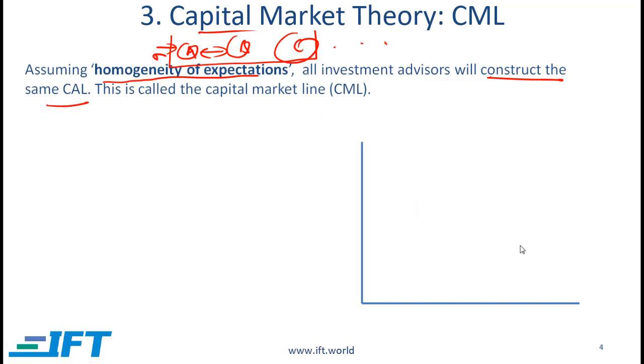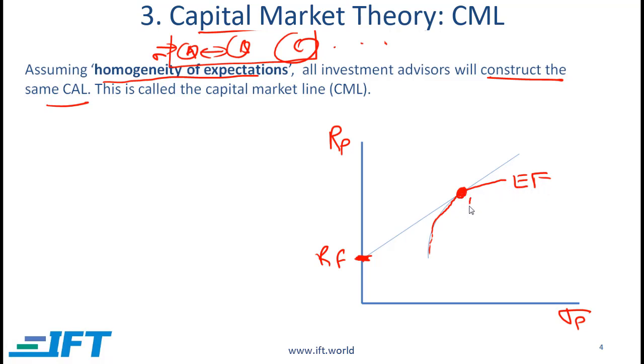Let's look at how this works. Again, the y-axis is the return, the x-axis is risk. If all investors have the same expectations, they will only create one efficient frontier. So this is our efficient frontier. If there is only one efficient frontier, then there will be only one capital allocation line, which will start from this point, which is the risk-free rate, and it will be tangential to the efficient frontier.